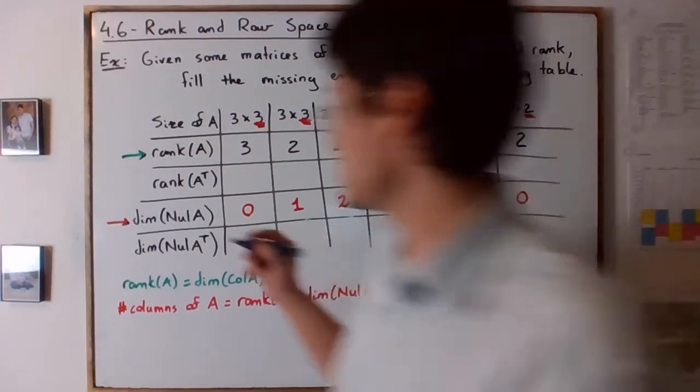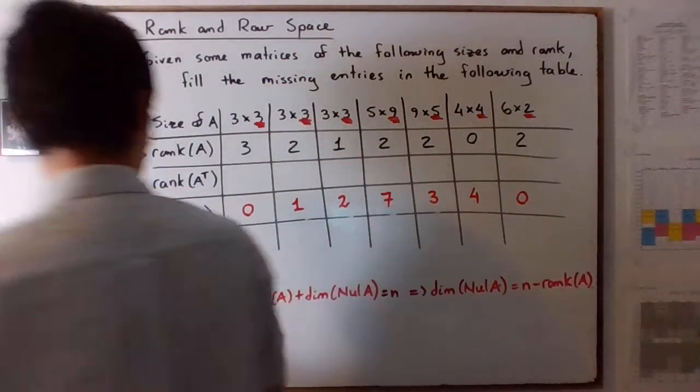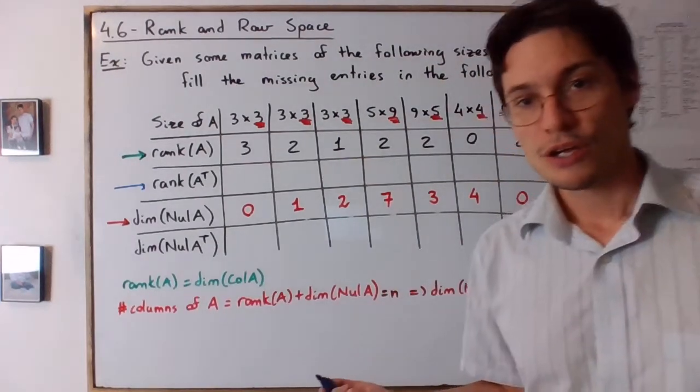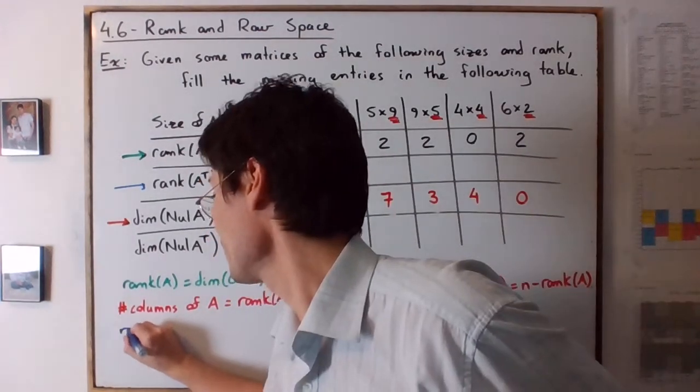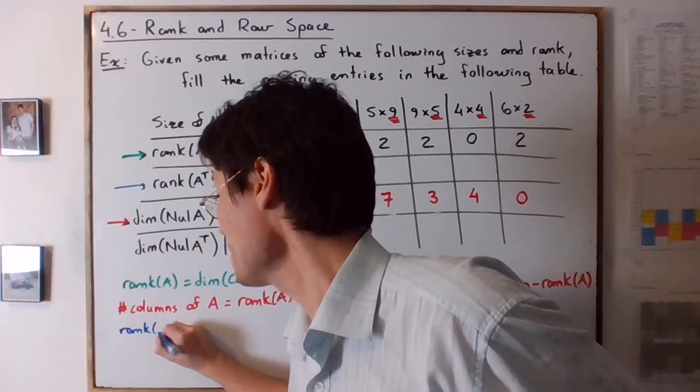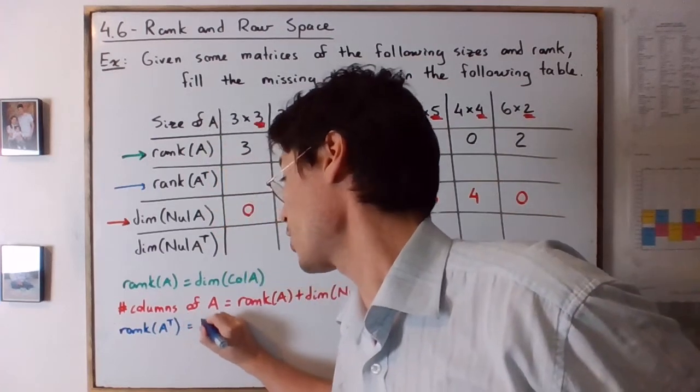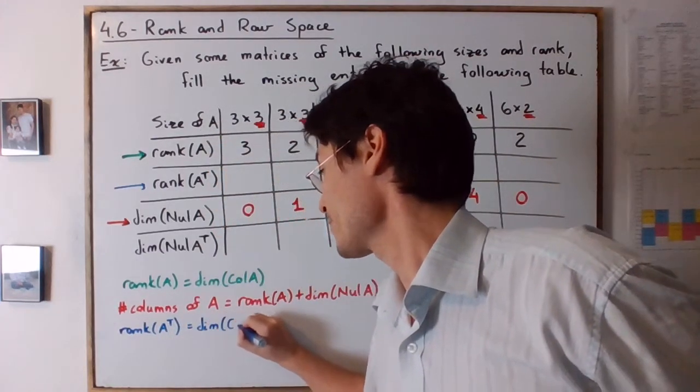Let's color code this in blue. The rank of A transpose is obviously the dimension of col A transpose.